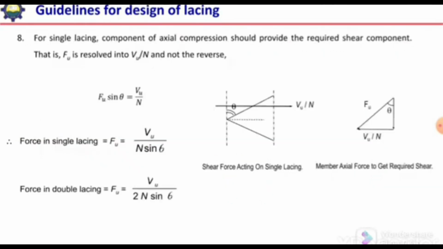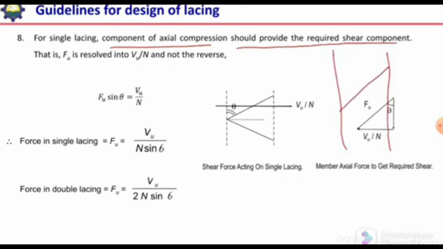The next guideline is for single lacing, component of axial compression should provide the required shear component. So if we talk about the force in the lacing element, we can visualize it like this. Here we have a lacing element and it should resist the shear force equal to Vu divided by N. If this is Vu divided by N, this angle is theta, so this angle will also be theta.